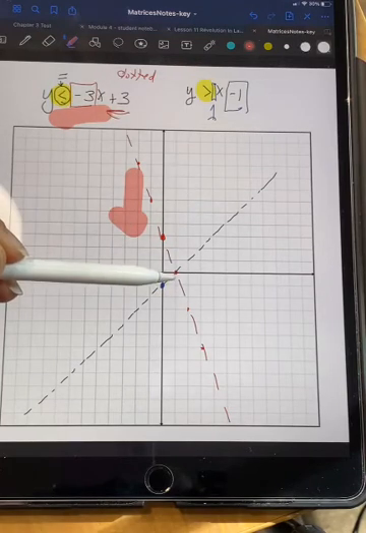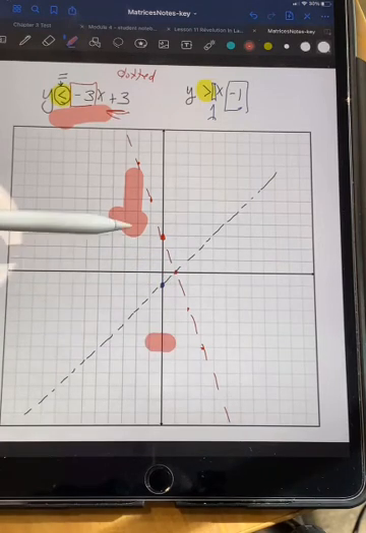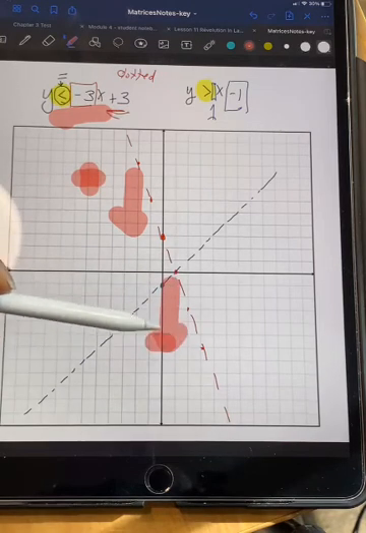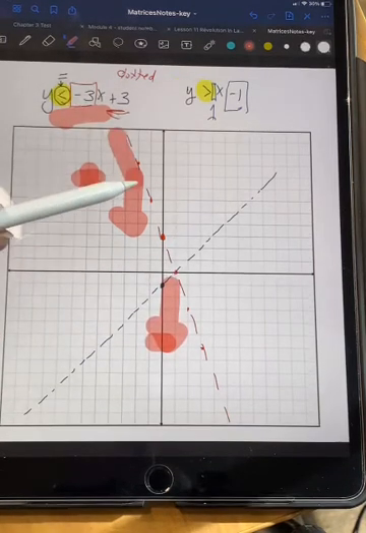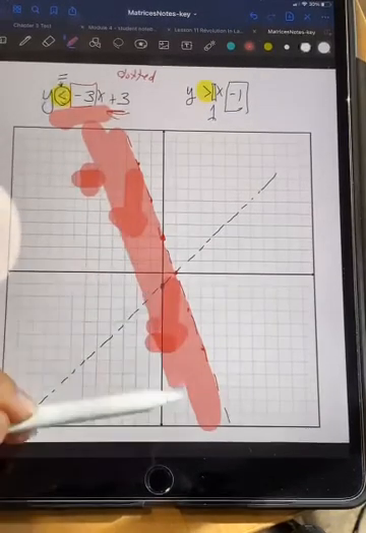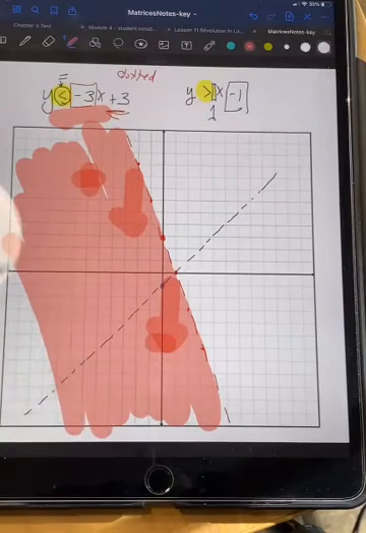If I'm looking at the point 1, 0, and a y value less than that, y is going to be less than it. So I'm going to shade all the spaces less than this line.